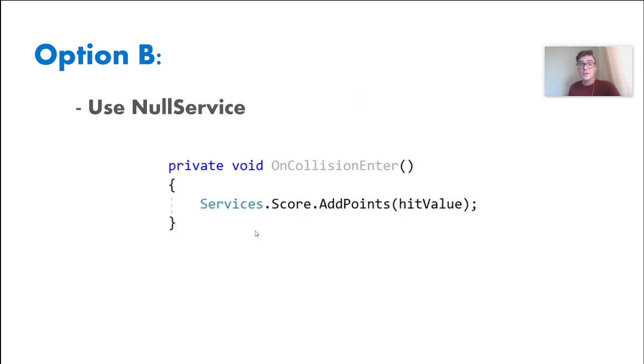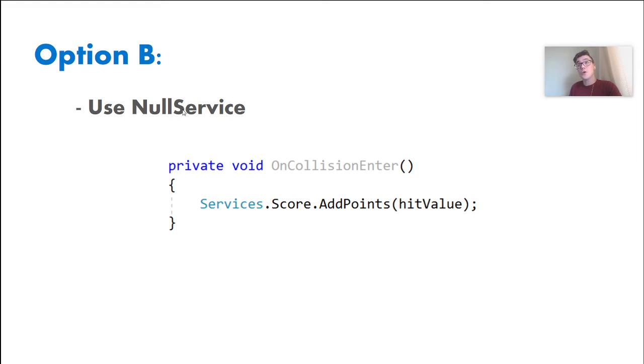Plan B is to use a null service, and with null service this means creating a class, but this class and its inherited methods and fields from the base service class are empty. This will not give you any functionality, but it won't crash your game. So it's good to know.